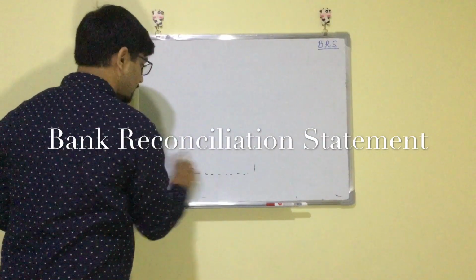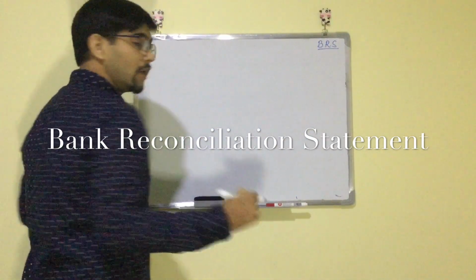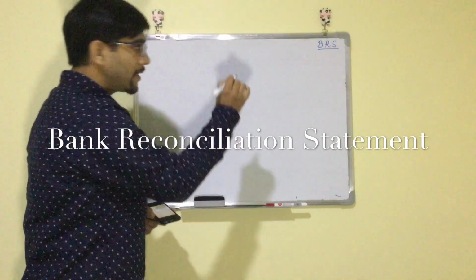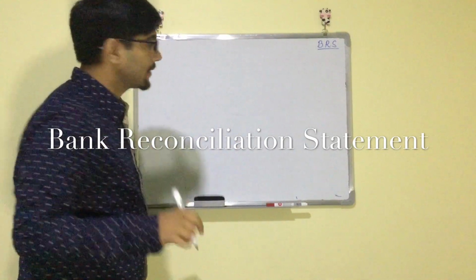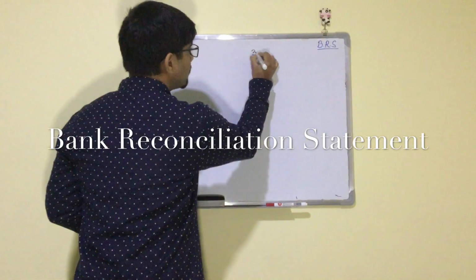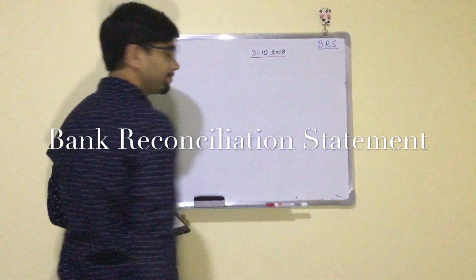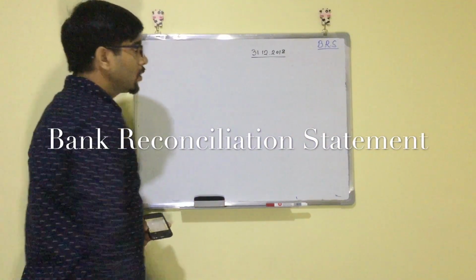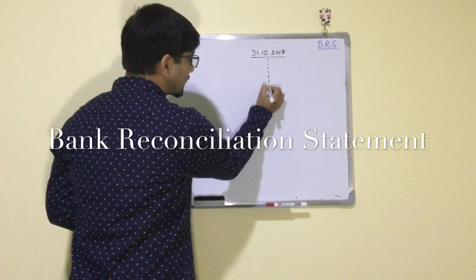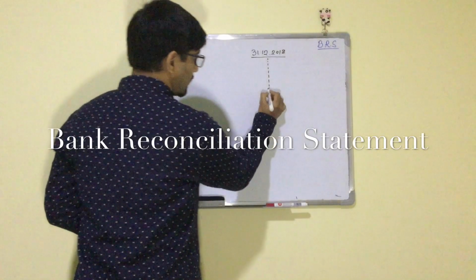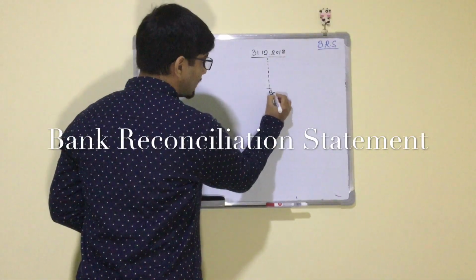Let me give you a hint. We are preparing bank reconciliation statement in this example for 31st December 2018. So we need to find out the correct figure of our bank balance.